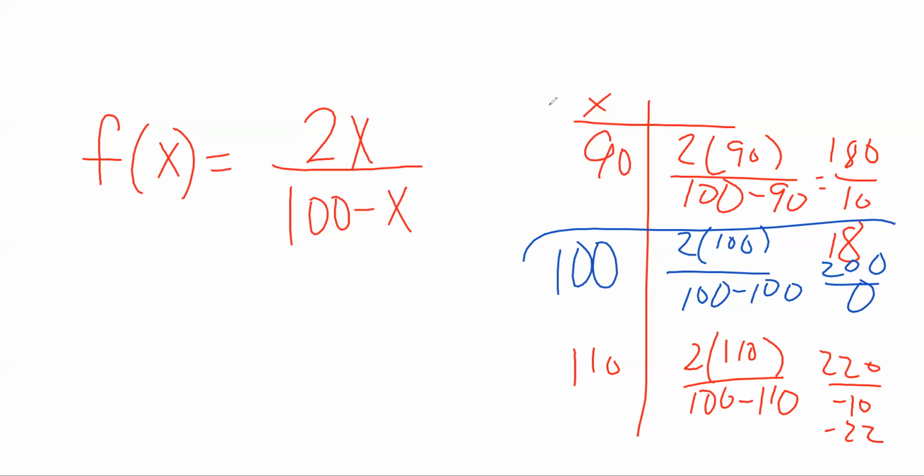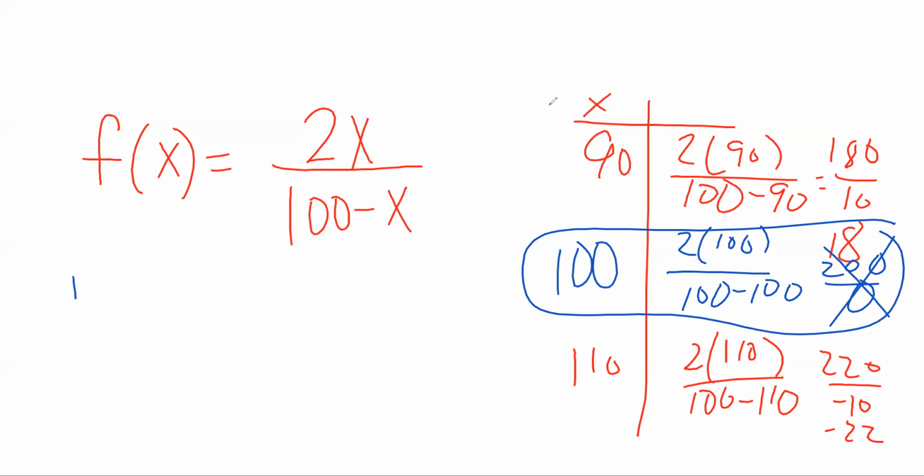So this particular number does not have an output because you can't divide by 0. Now, you could plug in any other number you want, and it's going to have an output. You can even plug in 99.99999. There'll be a number. But 100 is special because 100 makes the denominator 0.